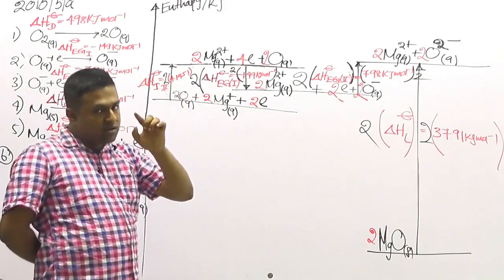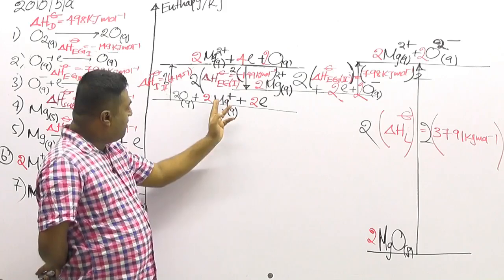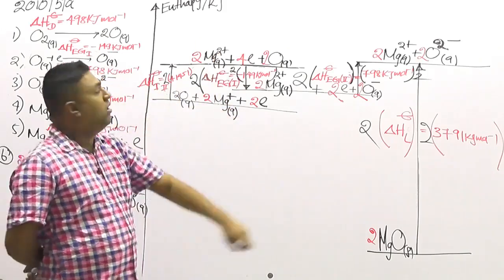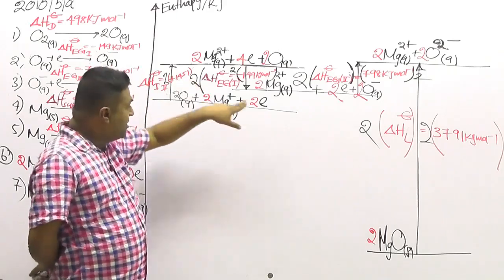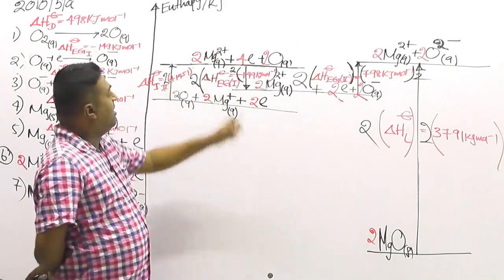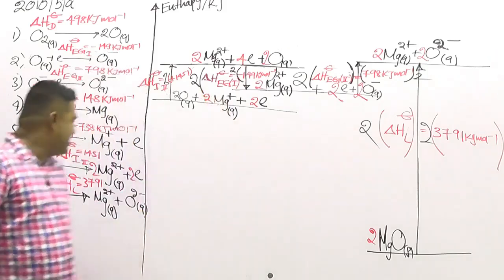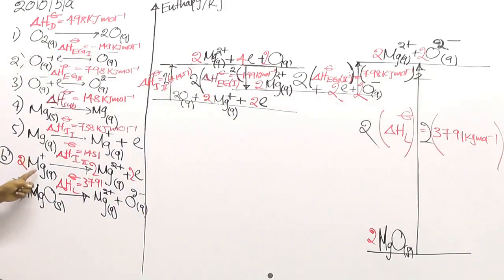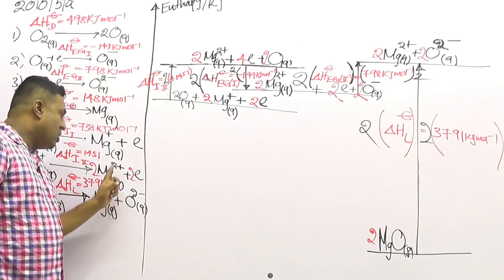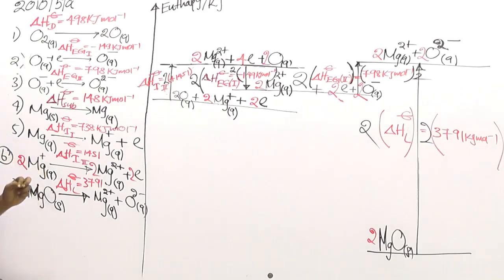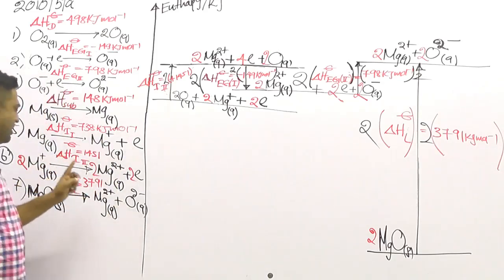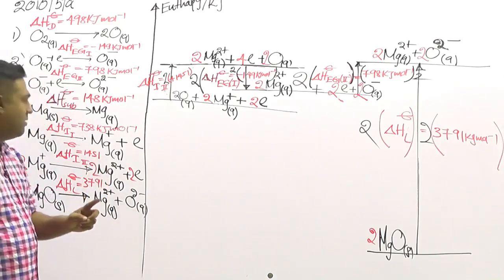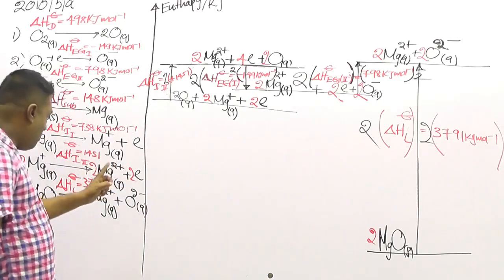But in the balanced chemical equation, in the conversion of Mg+ into Mg2+, 1 electron is released. 1 Mg+ is converted into 1 Mg2+ by releasing 1 electron.